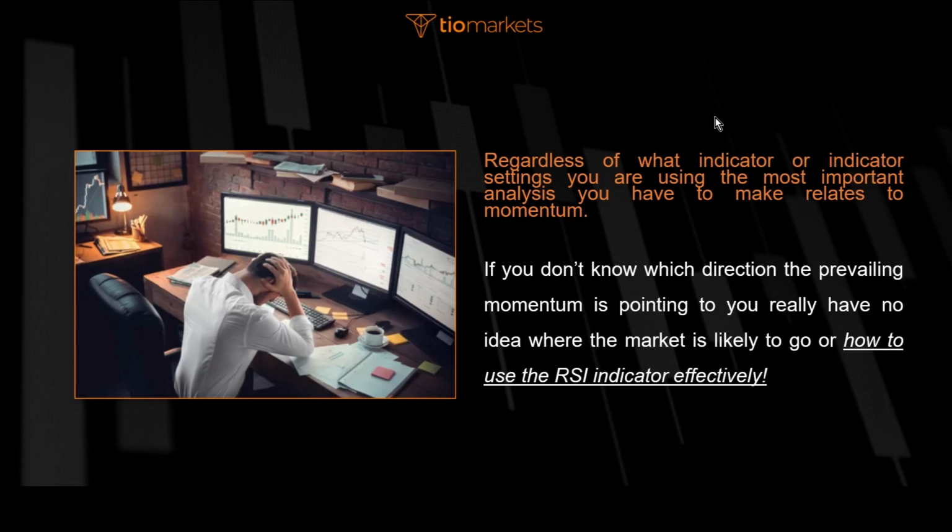Now, regardless of whatever indicator or whatever indicator settings you are using, the most important analysis that you have to do is about the market regime or the trend or momentum. We're talking about the same things, whether we talk about regimes or momentum or trends.